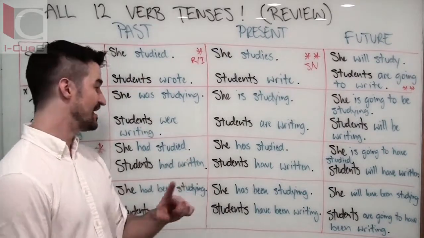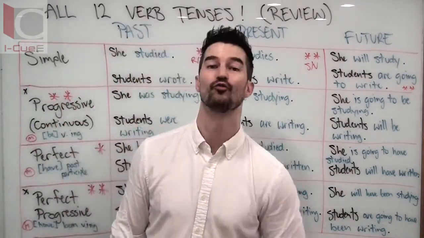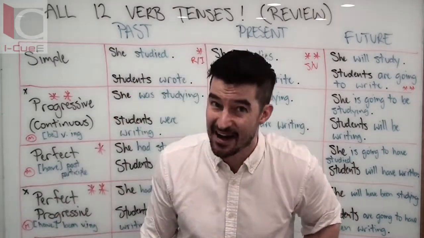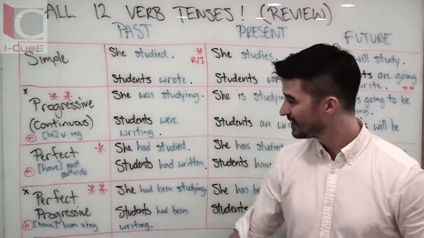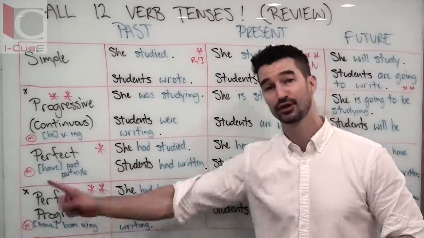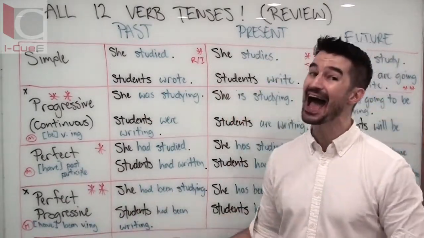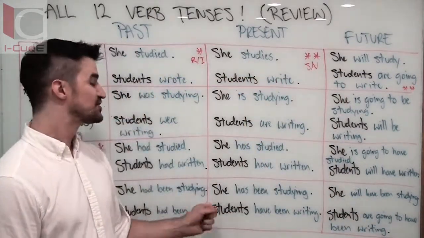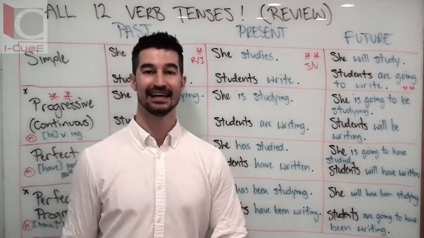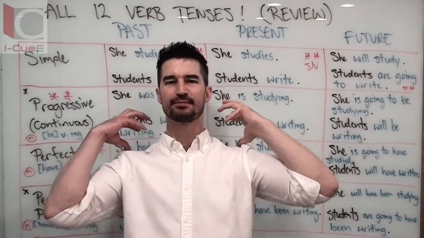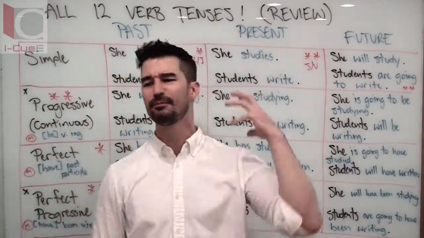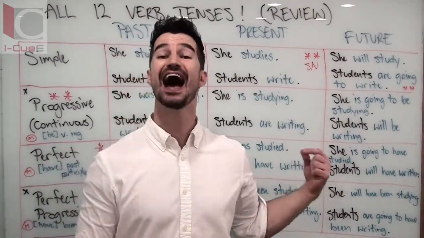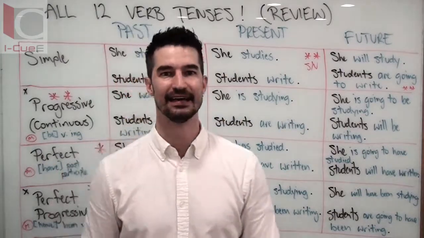Present perfect, students have written. Future perfect, students will have written. Past perfect progressive, students had been writing. Present perfect progressive, students have been writing. And the future perfect progressive for the irregular verb students write is students are going to have been writing.